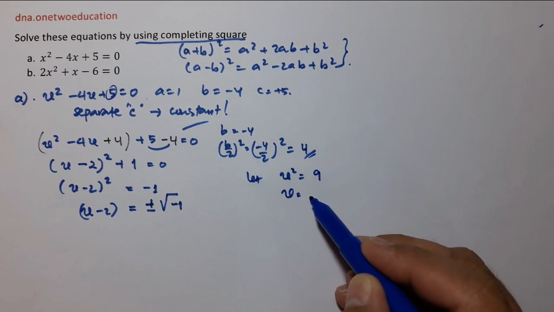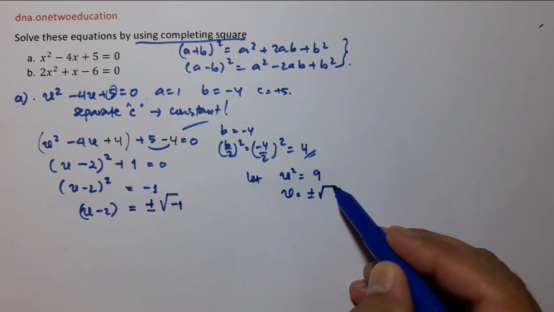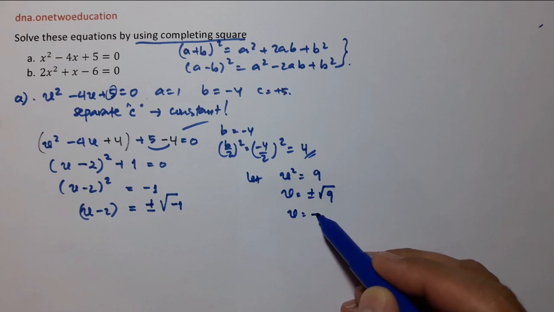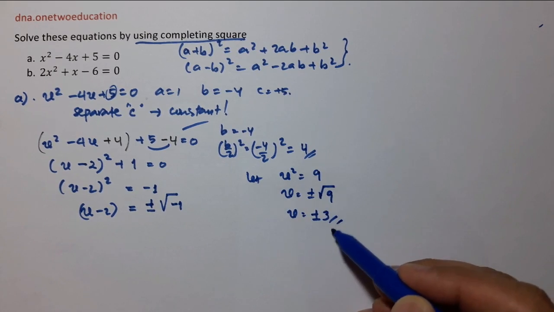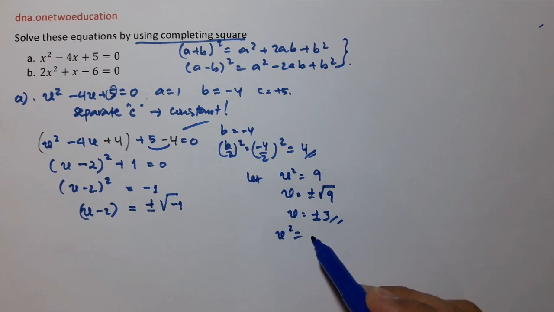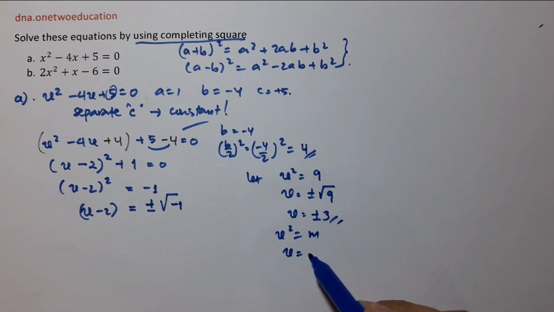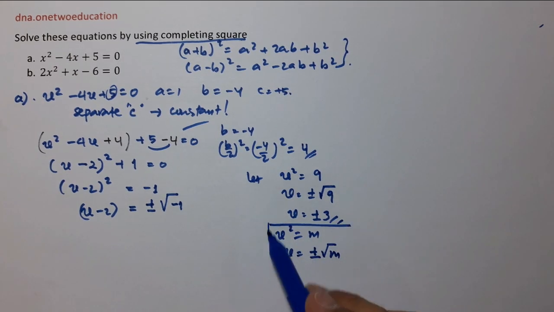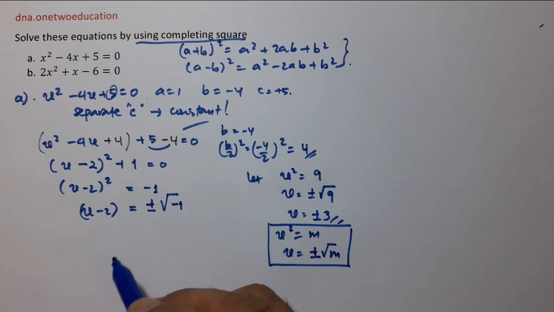So x is plus or minus root of 9, so you get plus or minus 3. So when x squared equals, let's say m, x is plus or minus root of m. Clear, everyone?